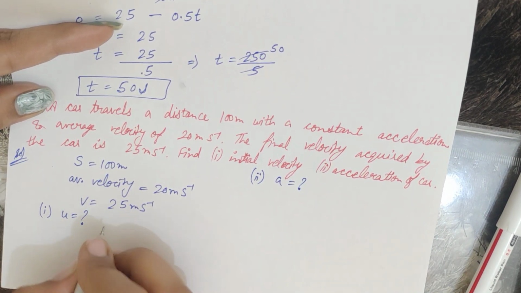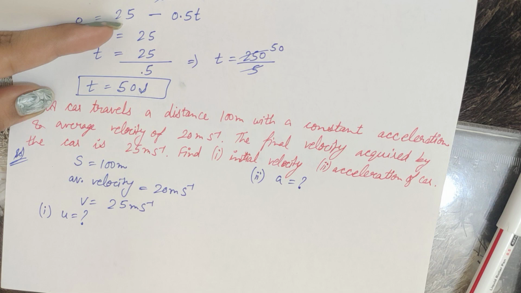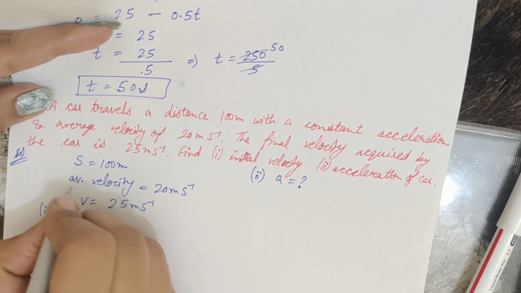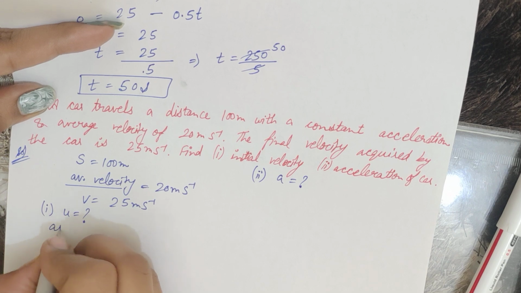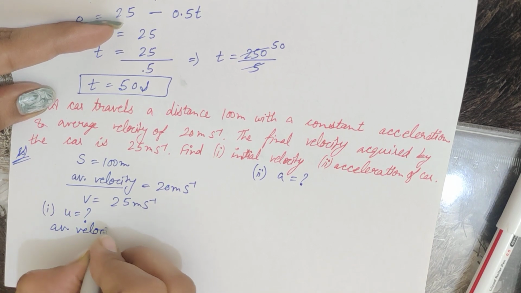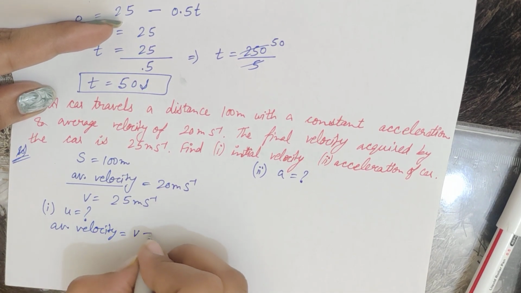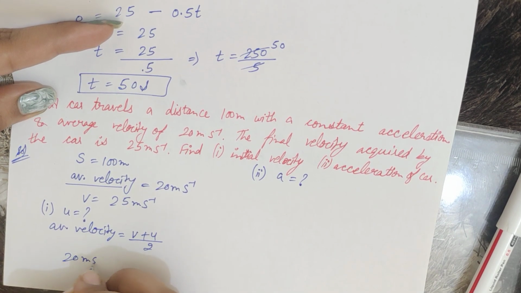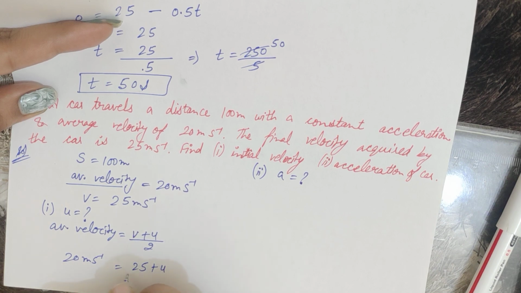What is the formula for this? We can simply use the average velocity formula here. Average velocity is equal to v plus u by 2. Average velocity is given, 20 meter per second. v is 25. u we need to find out.